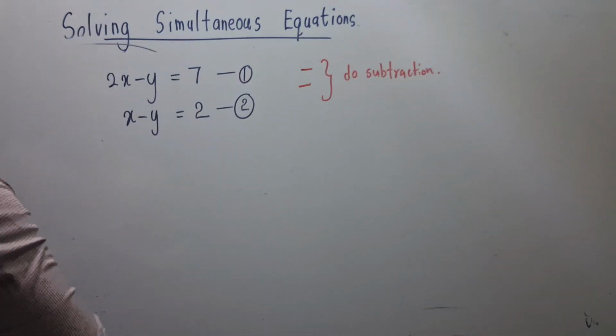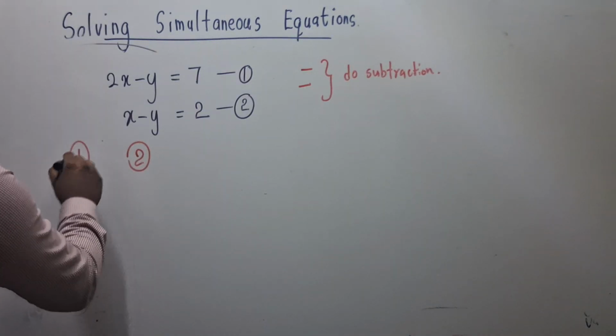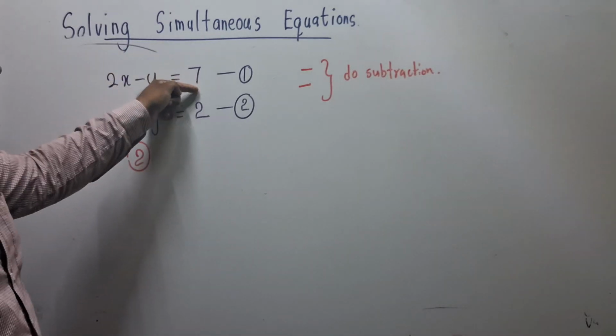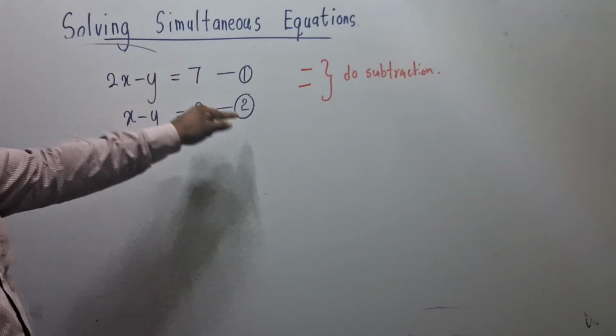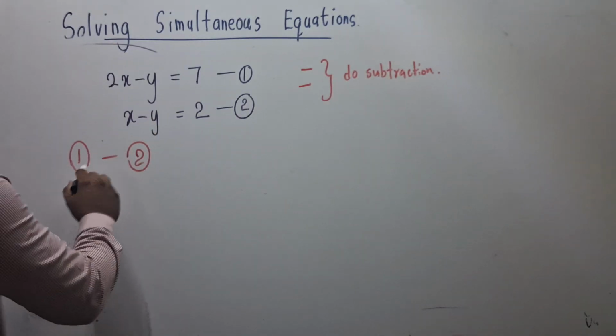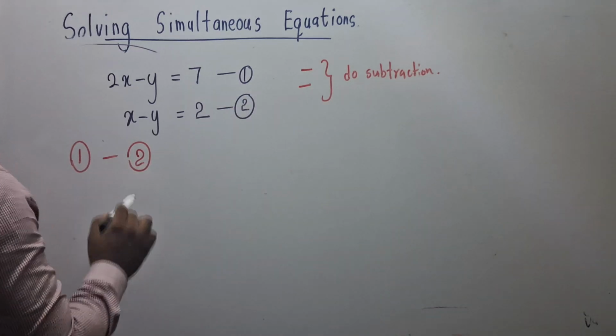So what do you have to subtract? You subtract the second equation from the first equation. Why are we doing it like that? Because the first equation's right side is bigger than the second equation's right side. So I write 1 minus 2, and I told you when doing subtraction, use a bracket.